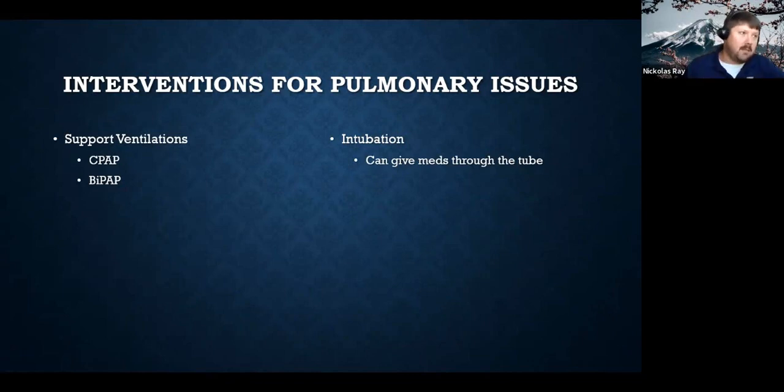And of course CPAP. And then obviously intubation if we are at a point where we're in respiratory failure or respiratory arrest, but all of the interventions prior to that are there for us to try to prevent intubation.